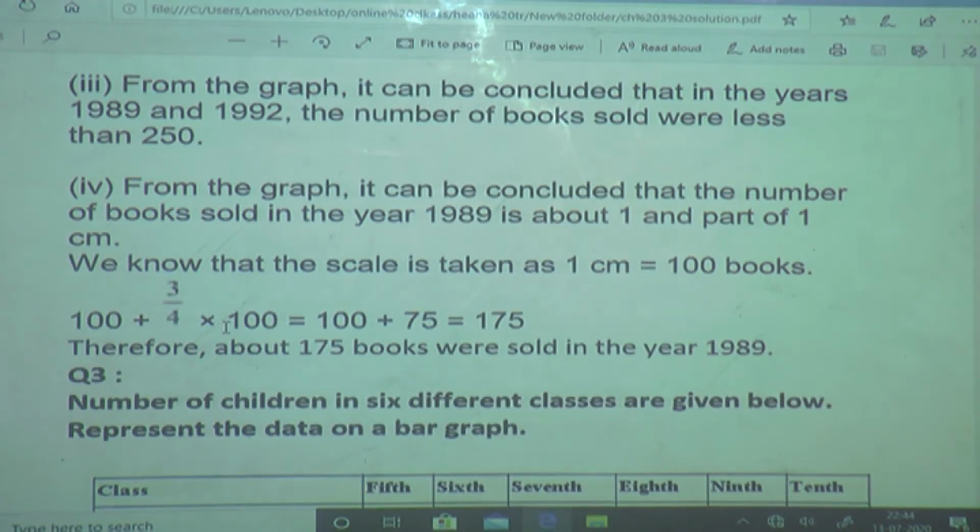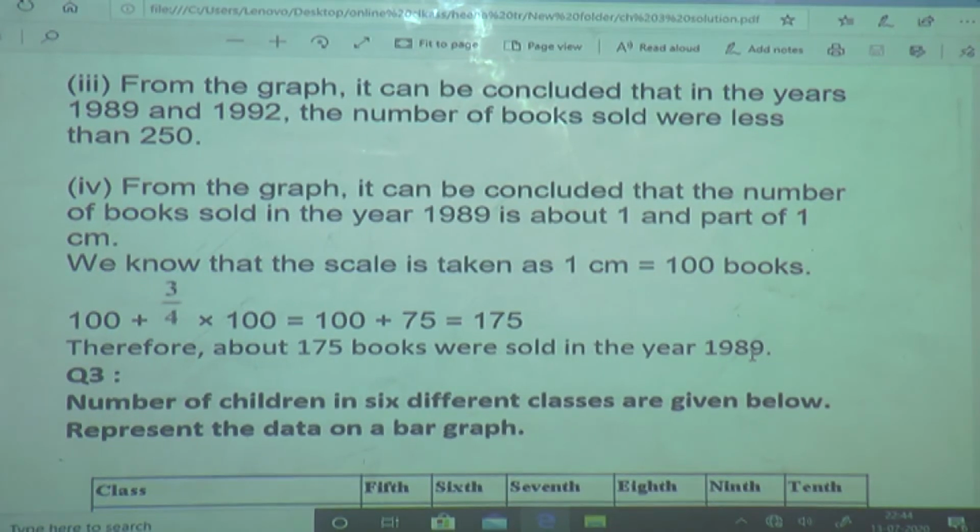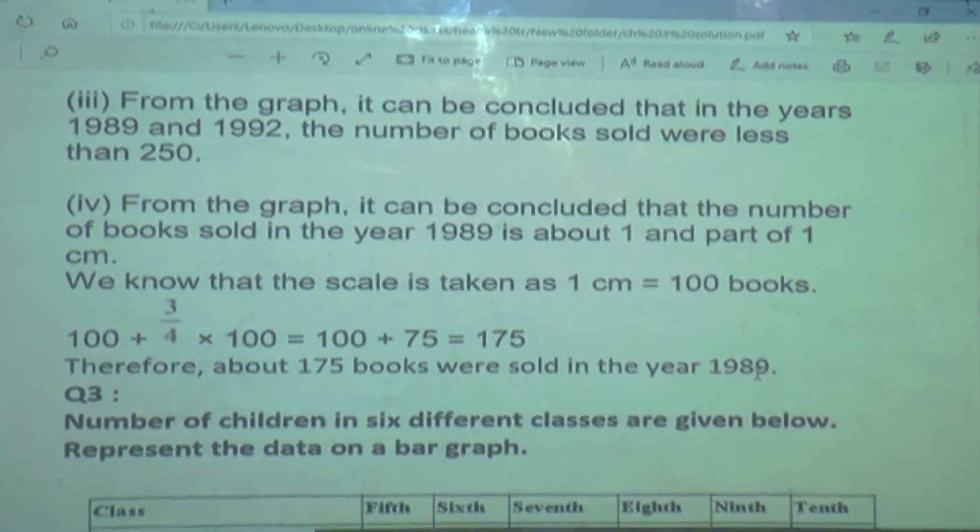If it is possible, we have to reduce the fraction to its lowest form. So here we have a fraction with a whole number. After reduction we get 75. So you know very well 100 plus 75 is 175. Therefore, about 175 books were sold in the year 1989. That is what we had already seen in the graph. It was given to us, and there were some questions related to it, so we have to answer the given questions.